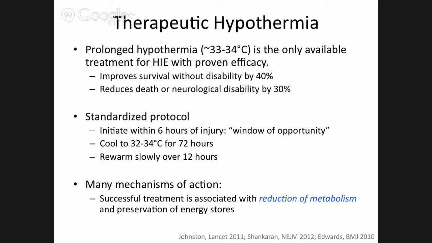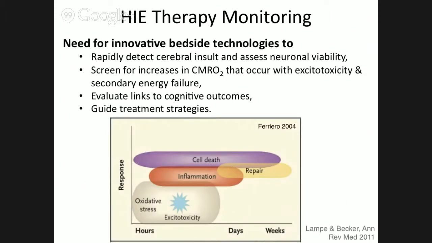They're cooled for 72 hours, and then they're slowly rewarmed for 12 hours. So we know that hypoxic ischemia has many mechanisms of action, but it seems like the successful treatment will be associated with reduced energy metabolism and preservation of energy stores. And since we have this tool that can measure oxygen metabolism, we think it may be a really useful tool to study the disease.